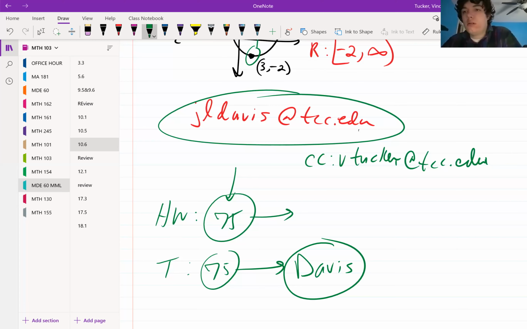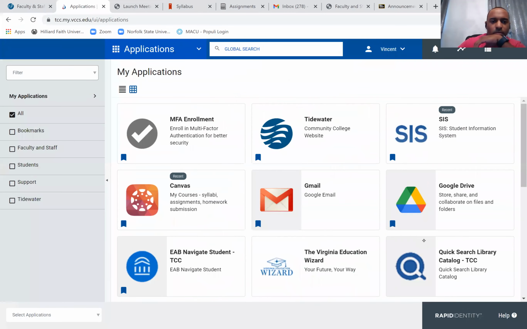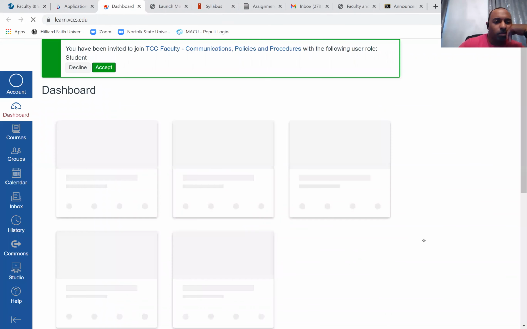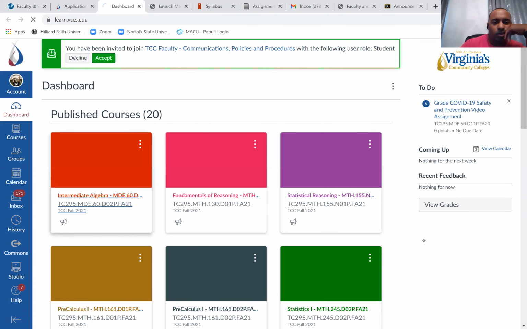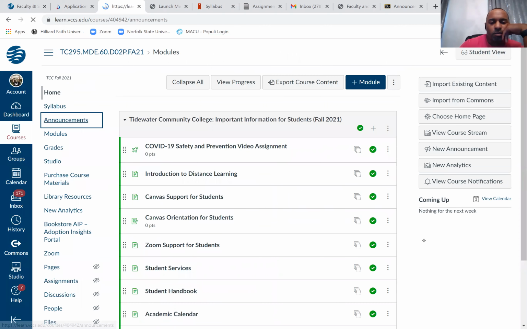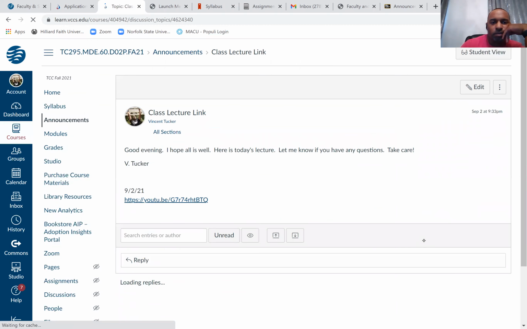I have a question. Yep. How do we find the previous Zoom recordings? When you go into Canvas, go to MD60, go to your class, hit announcements, and it would be the emails entitled class lecture links.